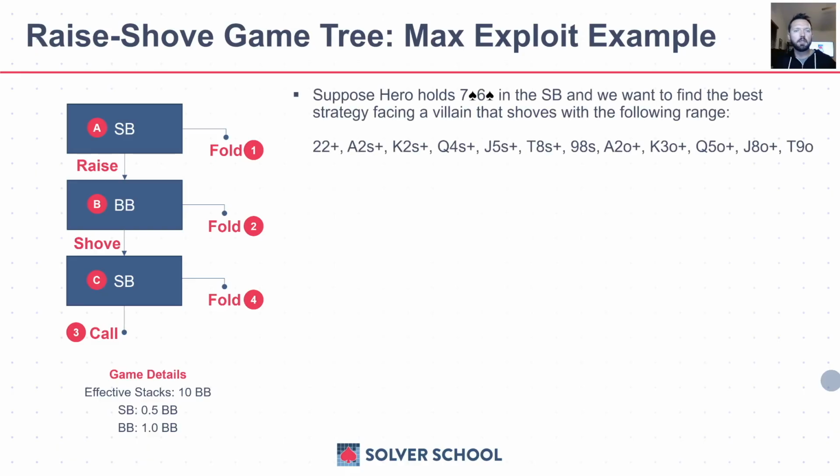Let's look at a specific example here where we, as the hero here, hold 7-6 of spades in the small blind. And we want to find the best strategy facing an opponent who's going to shove with this range here.